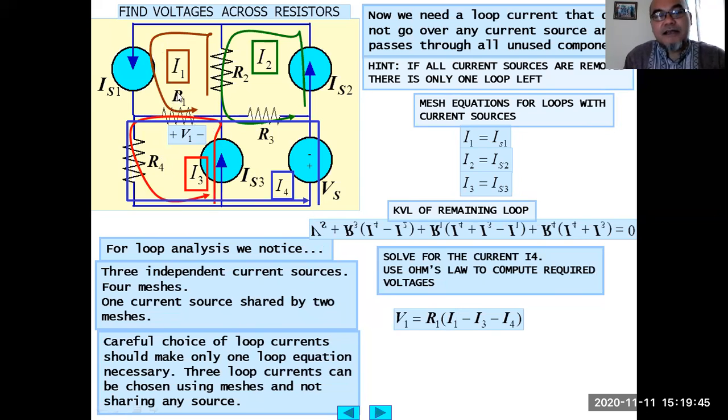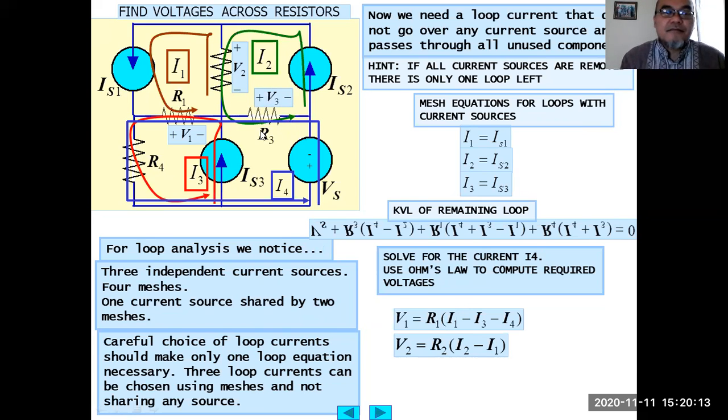on the right side. So according to passive sign convention, I1 will be positive and I3 and I4 will be negative. So V1 equals R1 multiplied by (I1 minus I3 minus I4). And V2 will be equal to R2 multiplied by (I2 minus I1).